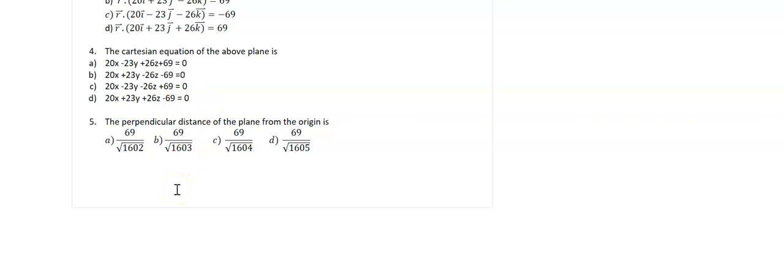Fifth one, the perpendicular distance of the plane from the origin is A, 69 by root of 1602, B, 69 by square root of 1603, C, 69 by square root of 1604, D, 69 by root of 1605.